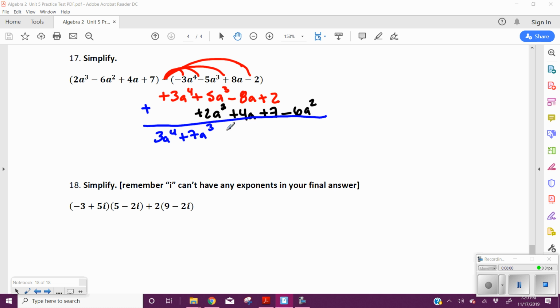Let's just go ahead and write him right next after the a cubed, because he should follow next in line. So 6a squared. And then I would expect to see negative 8 plus 4, so that's a negative 4a. And lastly, 2 and 7 make 9.